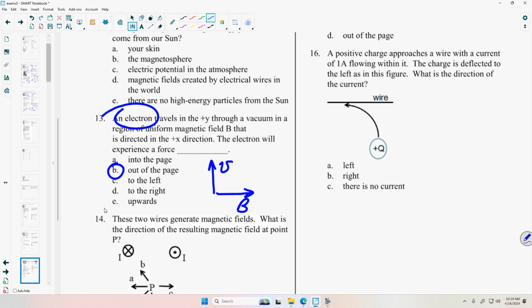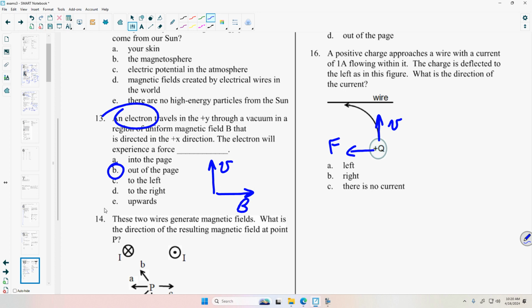Likewise, number 16, where, let's just go and do this one while we're here. You have a similar one here in your free response, right? Your free response has one where you have a wire and you have to determine the direction that the force is applied to that traveling charge. So here I have a velocity vector that is in that direction and a force vector that's in that direction.